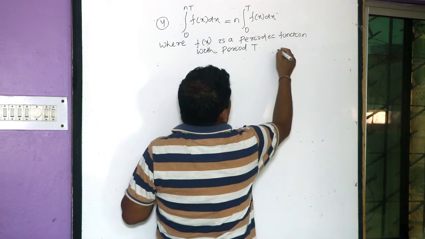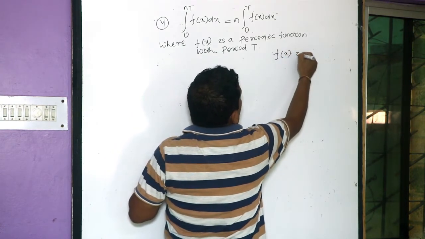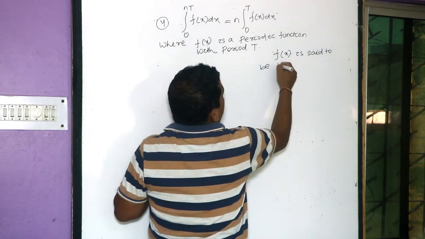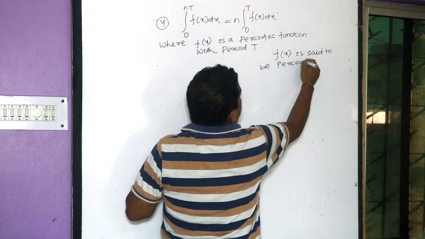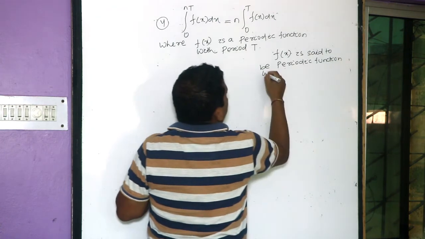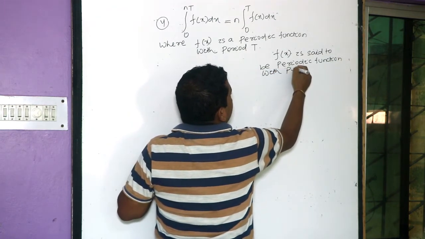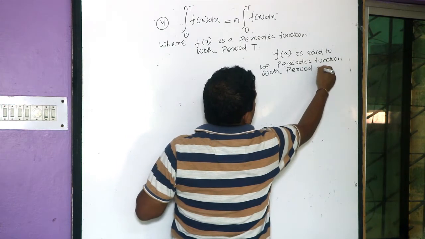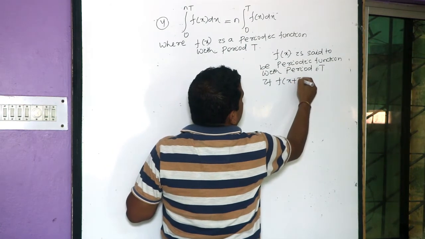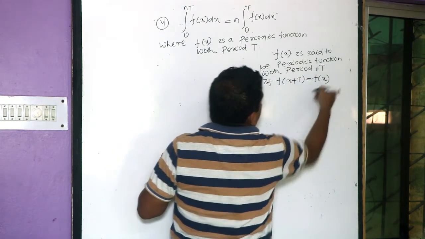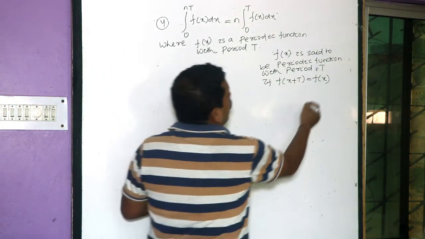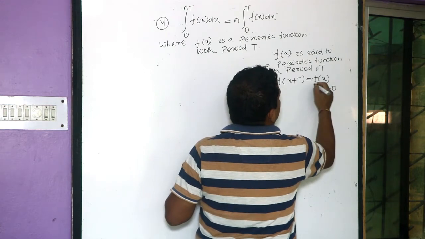What is a periodic function? A function f(x) is said to be a periodic function with period t if f(x plus t) equals f(x), where t is greater than 0.